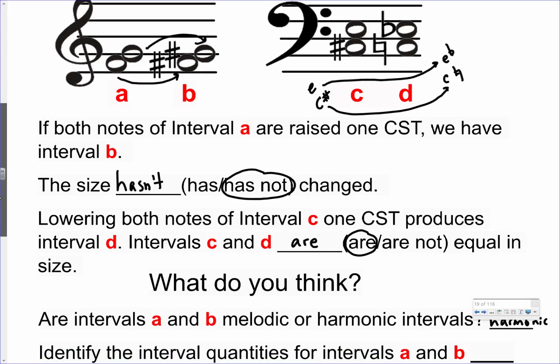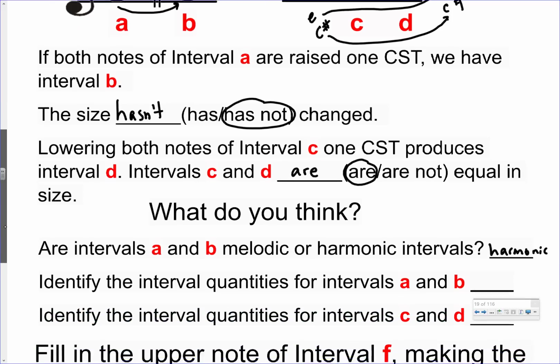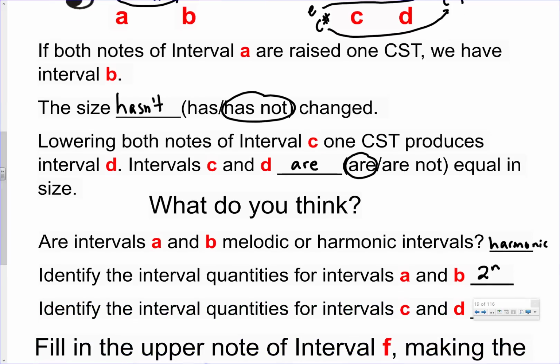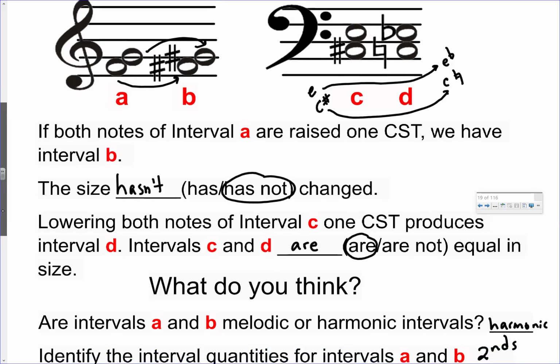Identify the interval quantities for A and B. Those appear to be seconds. Identify the interval quantities for intervals C and D. Those appear to be thirds.